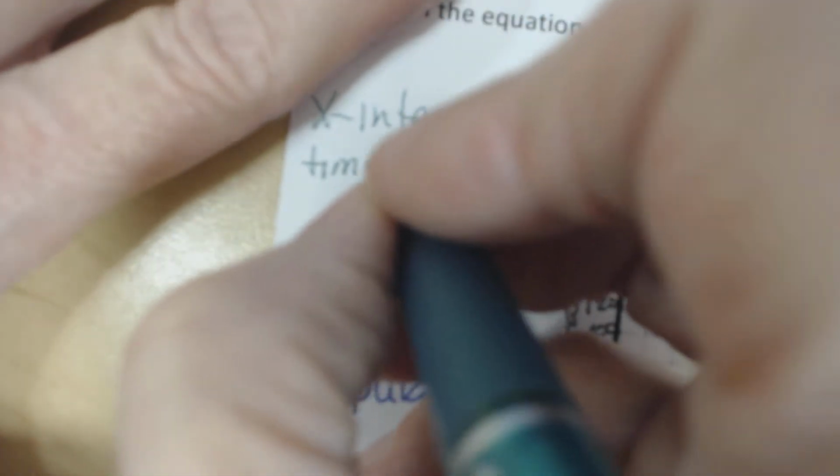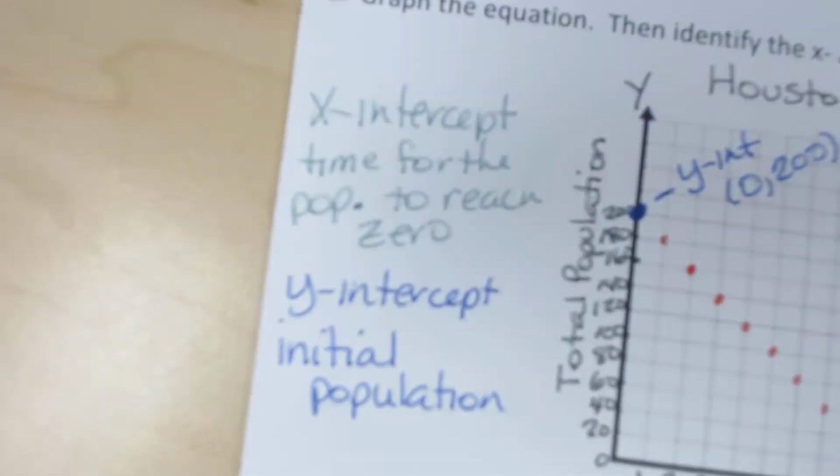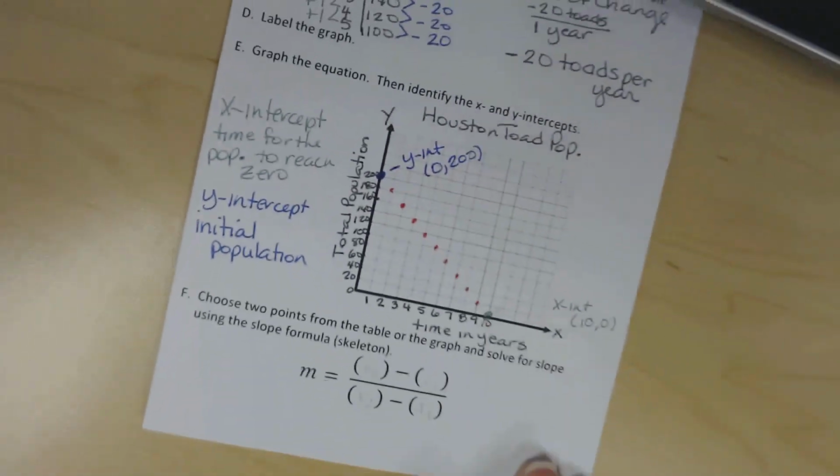And for our x-intercept, that is the time for the population to reach 0. So there's no more left.